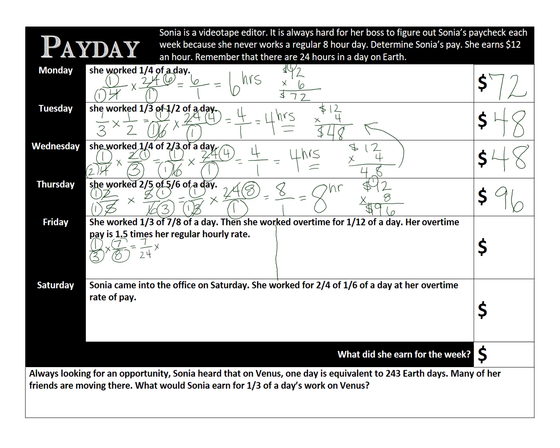Now I'm going to multiply this by 24 hours. Lucky for me, I can divide by 24 on the top and the bottom. 7 times 1 is 7, and 1 times 1 is 1. So in the beginning part of her day here on Friday, she worked 7 hours.